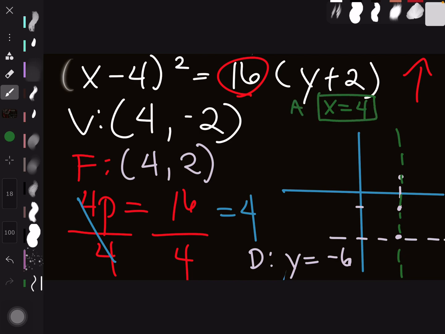Next, we're going to identify the endpoints of the latus rectum. We divide the value of the latus rectum, 16, by 2, which is equal to 8. So 8 on each side. Let's go: 1, 2, 3, 4.